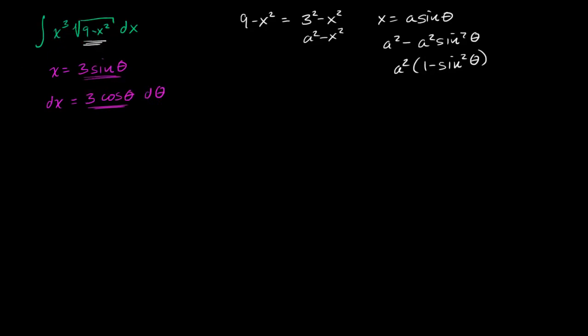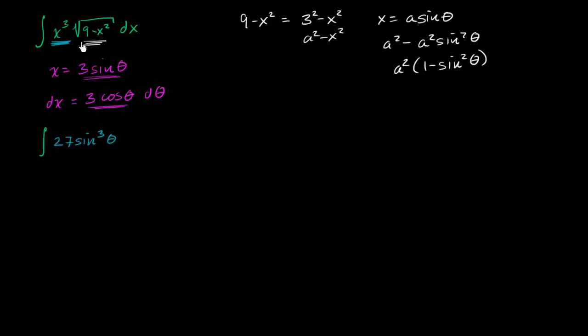Our original expression now becomes 3 sine theta to the third power, which is the same thing as 27 sine to the third power of theta. Let me color code it so you know what parts I'm doing. So x to the third is now going to become 27 sine cubed theta.